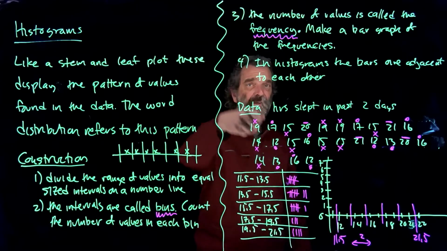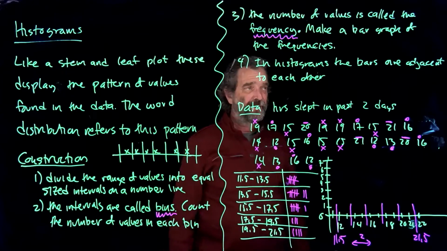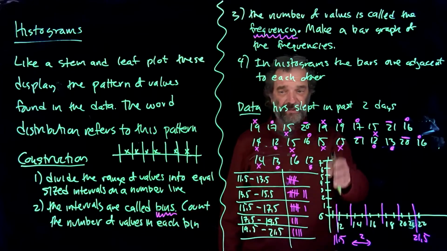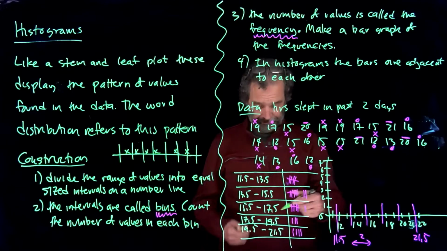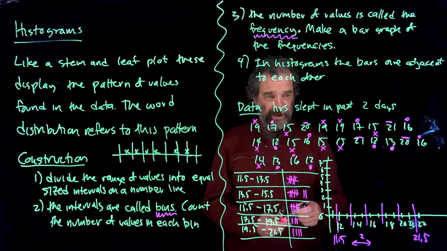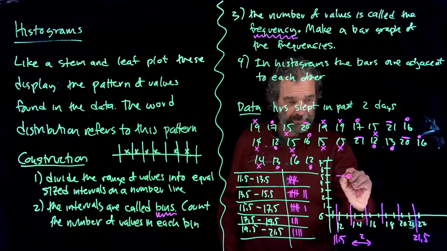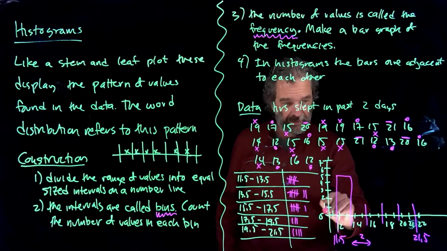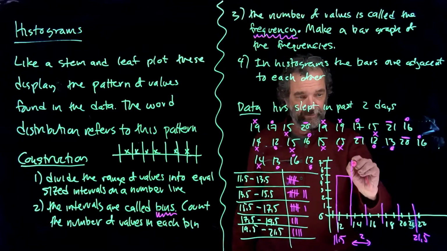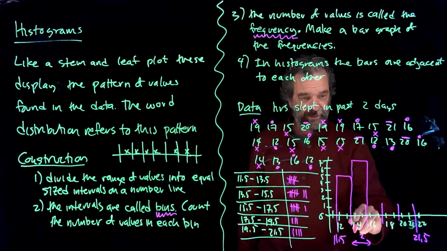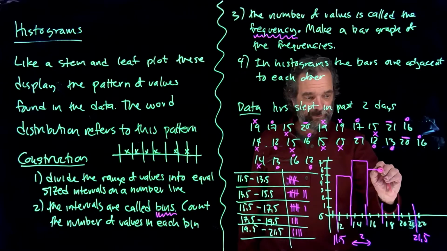Here's the frequencies. In a histogram, the bars are adjacent to each other. Okay, so we just extend these up until they get to this height. So the first one is 5, so that'll be here. Second one is 7. Third one is 6. Then 3.